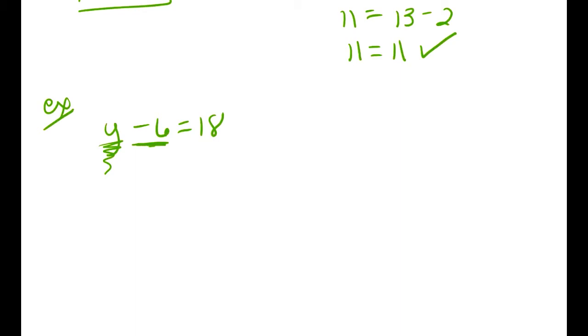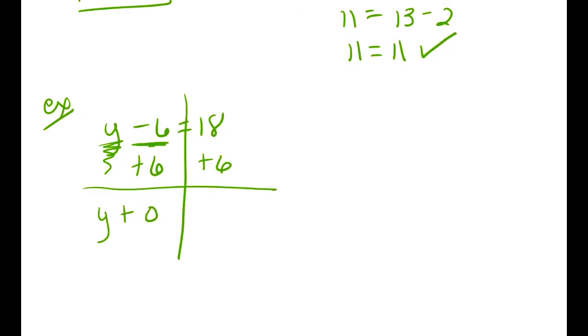And in this case, we're subtracting 6. The opposite of subtraction is addition. So to undo the 6 so that the y can hang out by himself, I need to add 6 to both sides. Now I'm going to bring down my y.